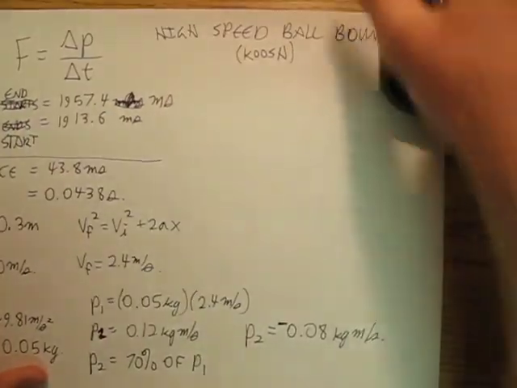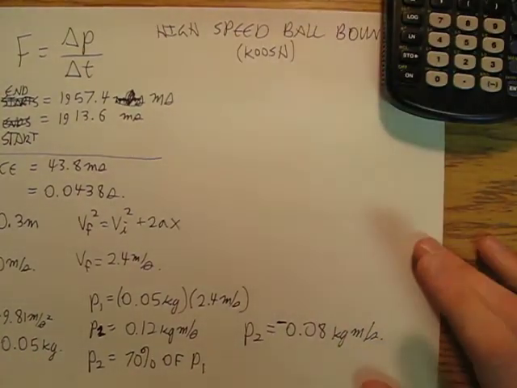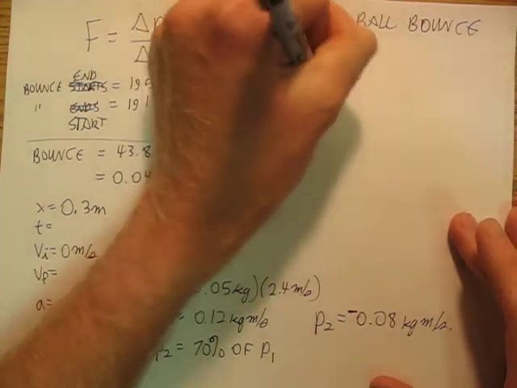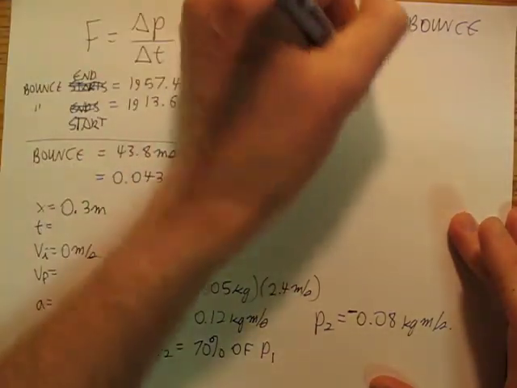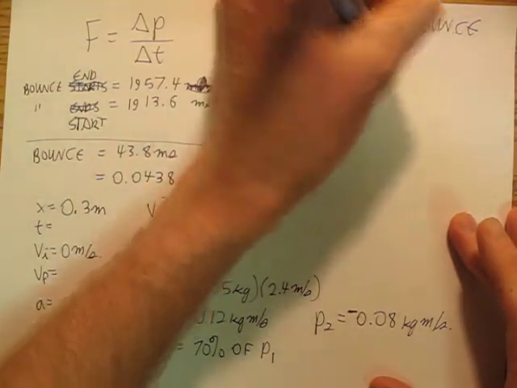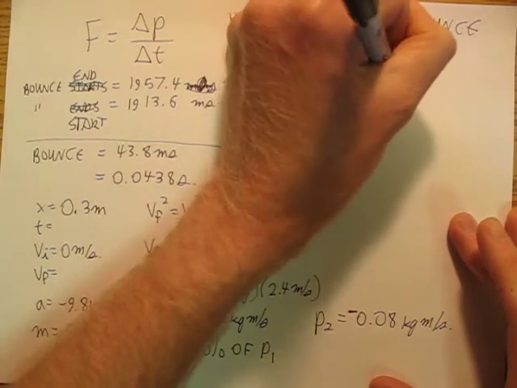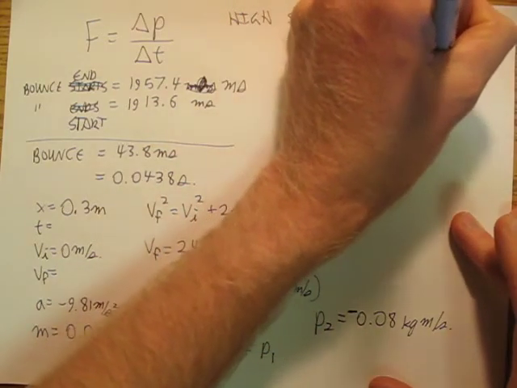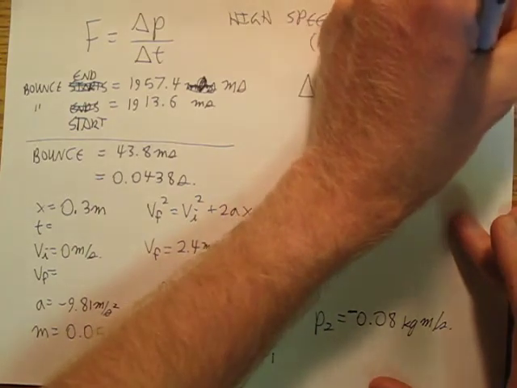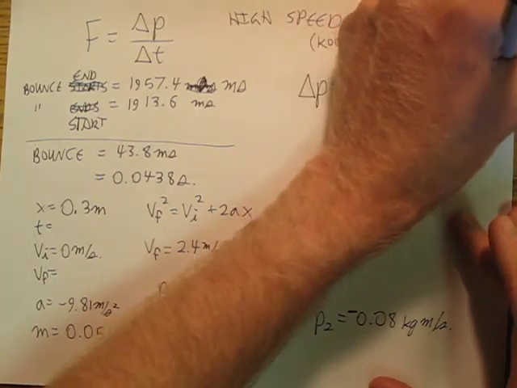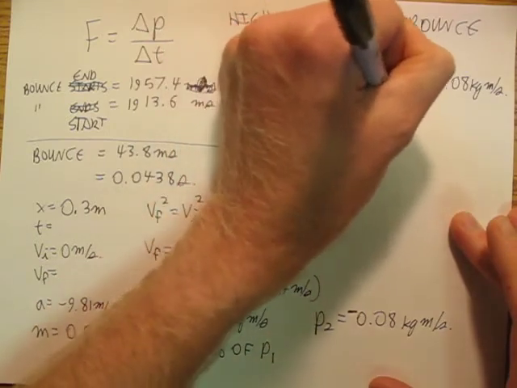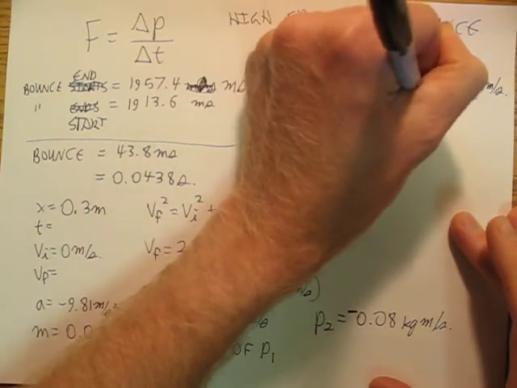So I'm going to say that my change in momentum is going to be 0.12 kilogram meters per second minus a minus 0.08 kilogram meters per second. So that's going to be 0.2 kilogram meters per second.